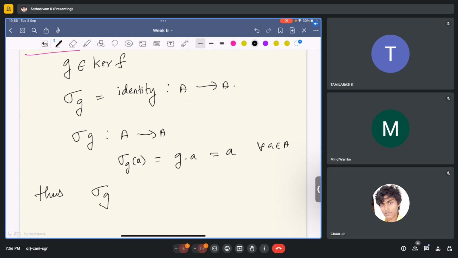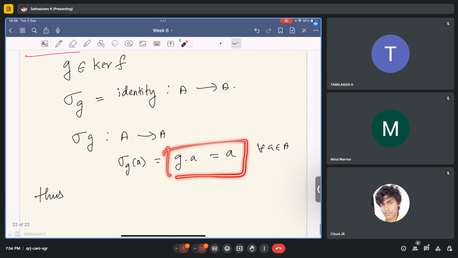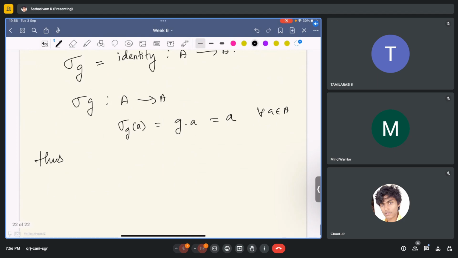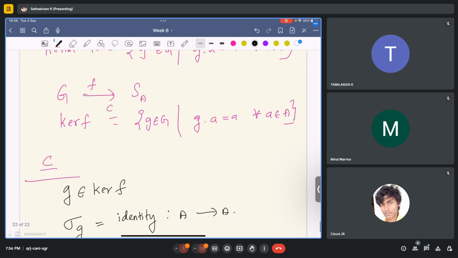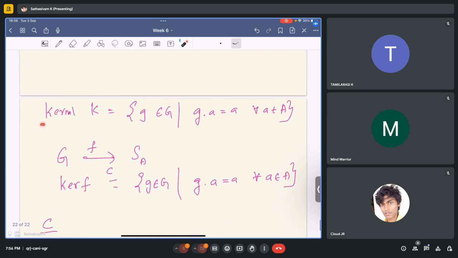Just look at this part and forget the other part. This tells you that g belongs to this kernel.